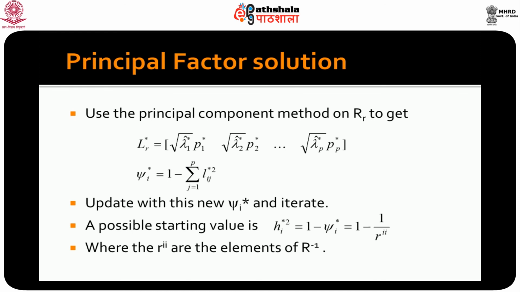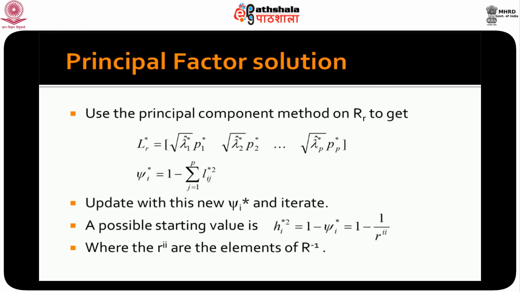So what we do is we correct this h. So now having got this, we have got the L matrix. We can now again compute the communalities from here, get the new communalities, substitute them in the previous model, and then iterate.